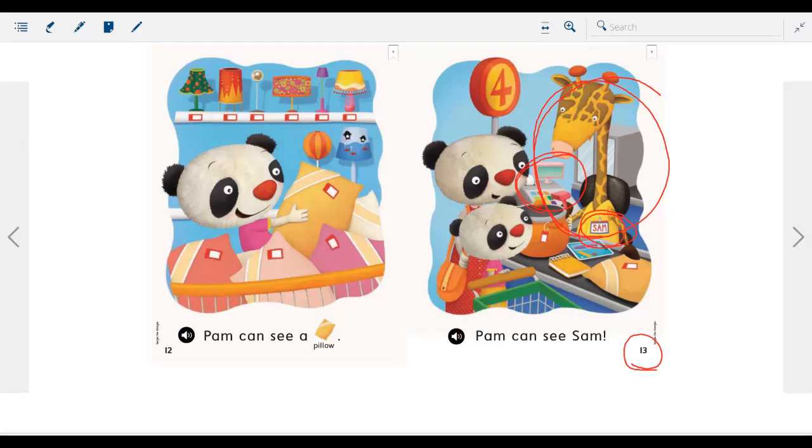We went over the story. You can reread the story if you need to, but we want to know how this register is helping Sam the giraffe, right? So what is he using the register for at the store? Let's go back and look and see what Logan wrote.